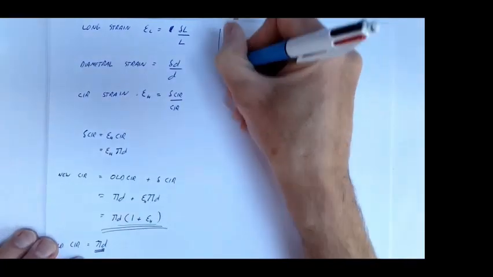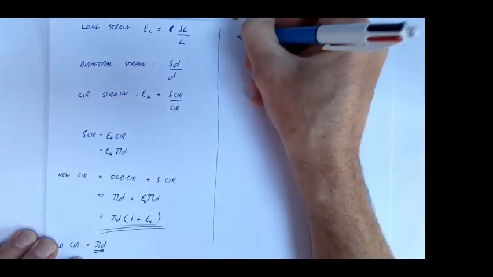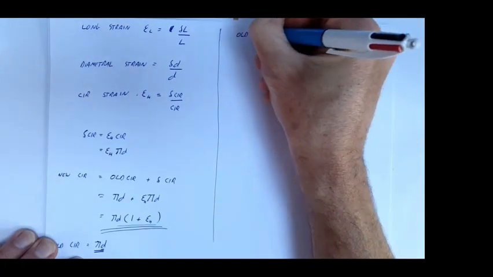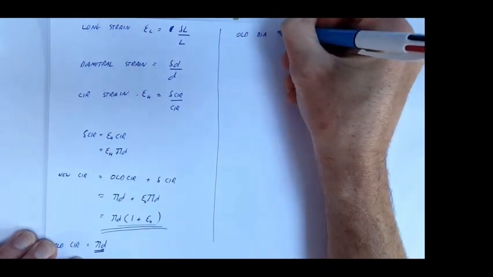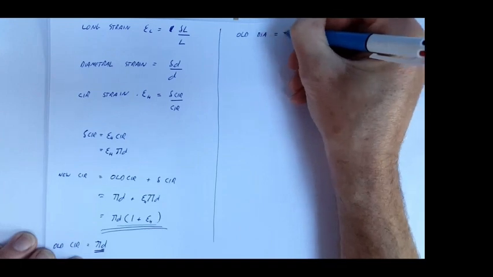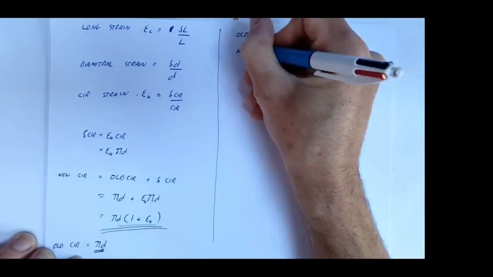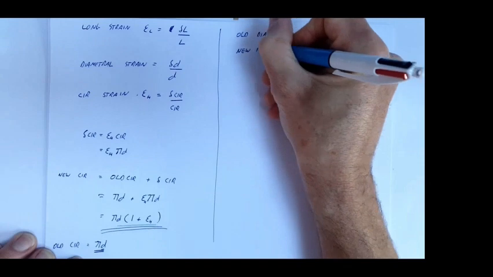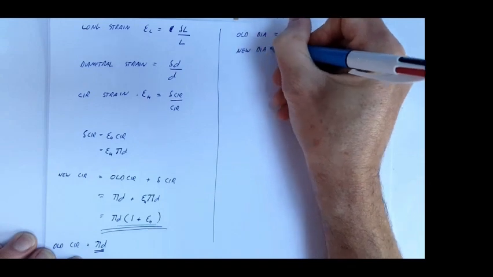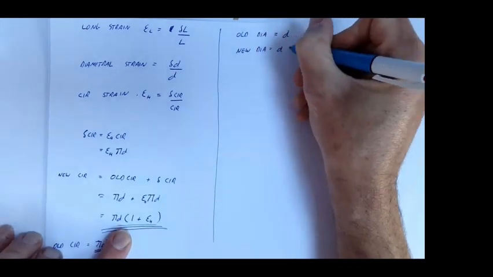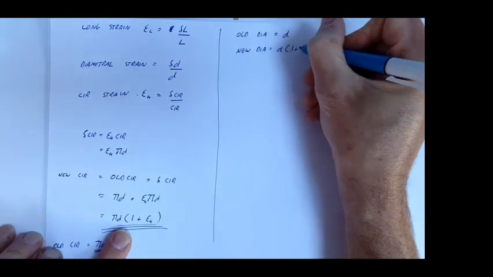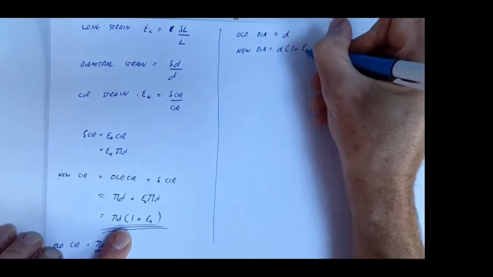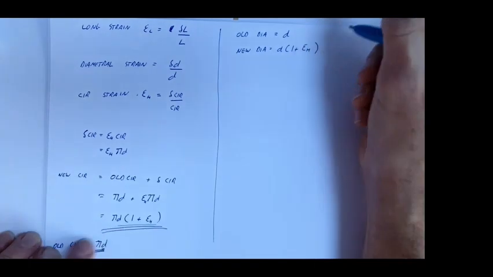So if we look at the old diameter, that is d. New diameter is this, d lots of 1 plus the hoop strain.